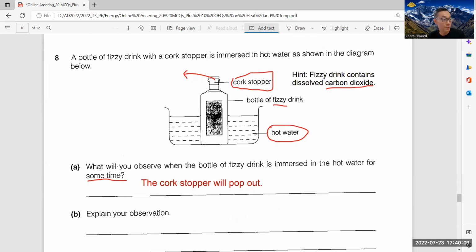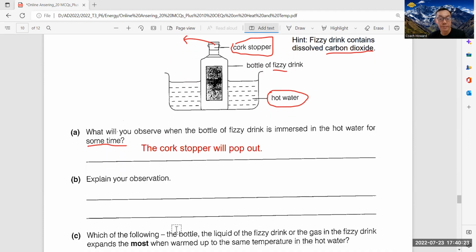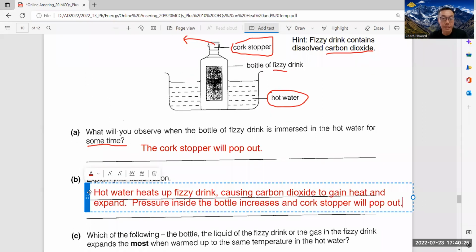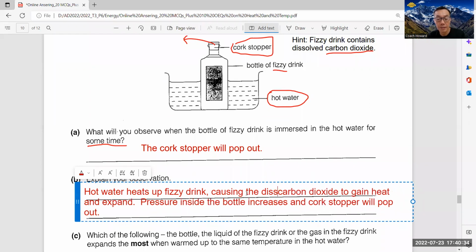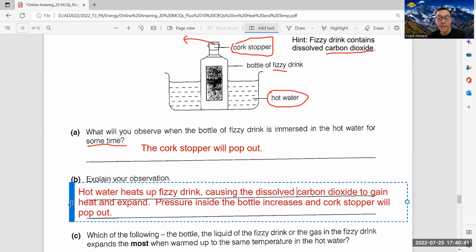Then you explain the observation. You should say that the hot water heats up the fizzy drink, causing the dissolved carbon dioxide to gain heat and expand.